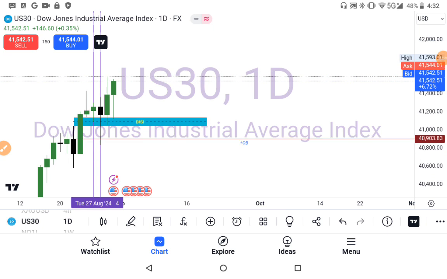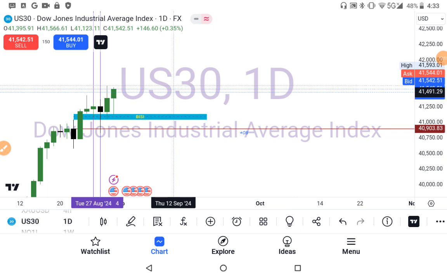I was interested in 41,248 to serve as a kind of catalyst that will send us into 41,423. 41,423 was delivered beautifully, while 41,248 was able to deliver a support strength.